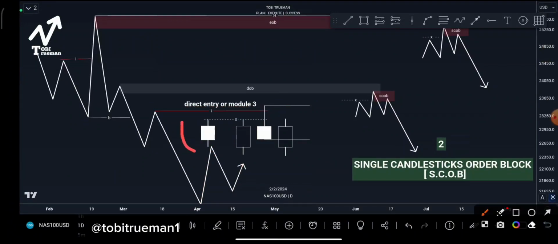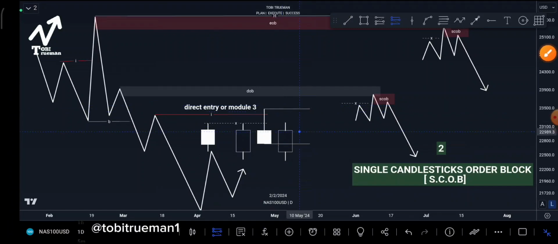This candlestick high was swept, this candlestick A was also swept, the high of it was also swept, this candlestick B swept the high of this candlestick, and this candlestick before it now went to sweep the inducement point. With this, we can use lower time frame entry module 3, or we can make a direct entry here without using any lower time frame entry.